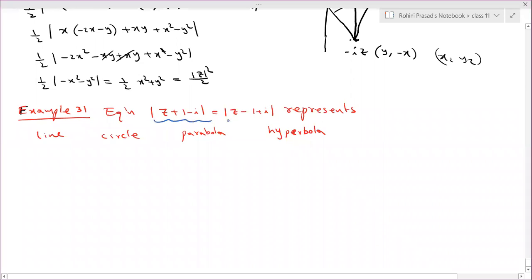So the equation represents this line, a circle, parabola, or hyperbola. If you see this, z minus of minus 1 plus i represents the distance of z from this fixed point. And this is z minus of 1 minus i, the distance of z from this fixed point. So the two fixed points are there. z is such that the distance from the first point is the same as the distance from the second point.